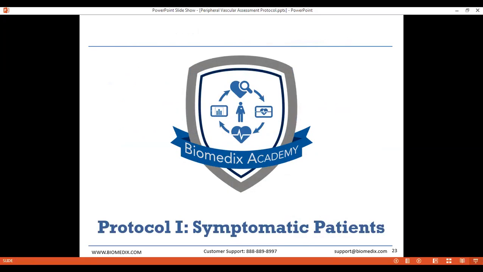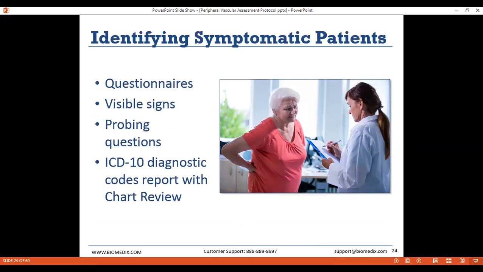So the first protocol is for symptomatic patients. This is probably pretty familiar to most of you already, because it's probably how most of you are identifying patients right now. You're going to identify a symptomatic patient. You might use one of our questionnaires. We have a series of questionnaires that ask simple yes or no questions.